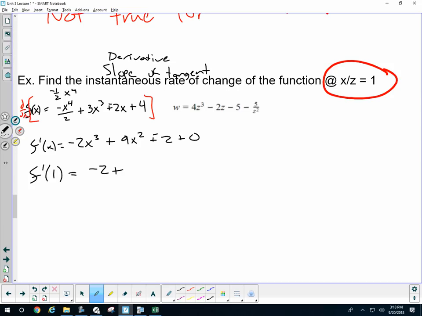I can plug in 1, and I get 5. Slope to the tangent to f at x equals 1. At x equals 1, the function is going up 5 units for every x unit. At that moment, it's increasing 5 y's per x.